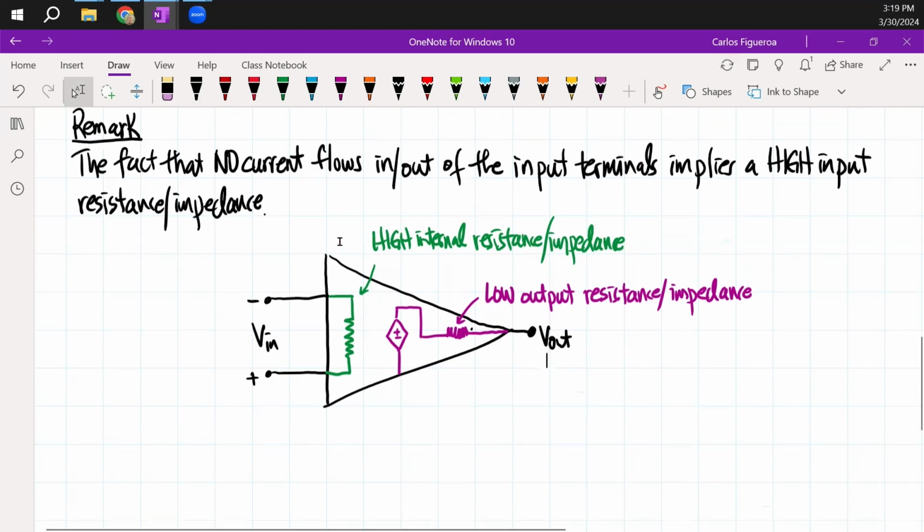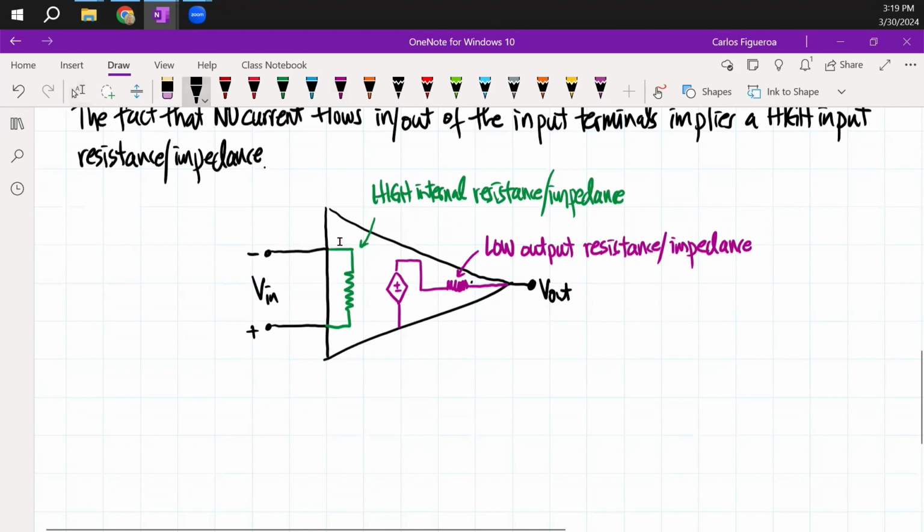So now we want to look at the problem solving strategies.